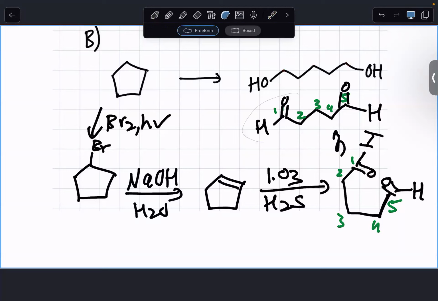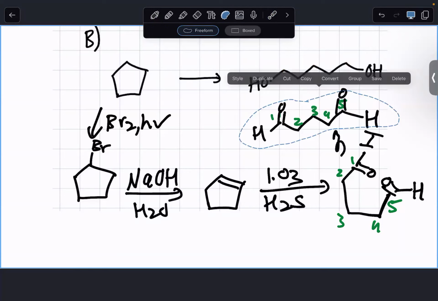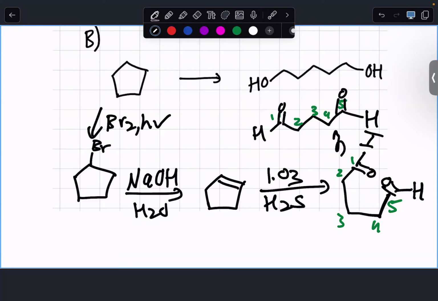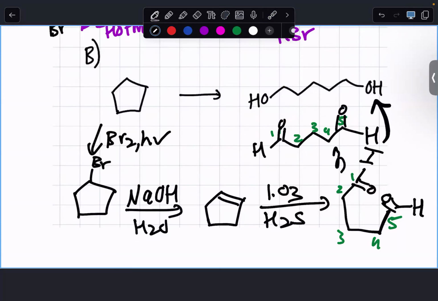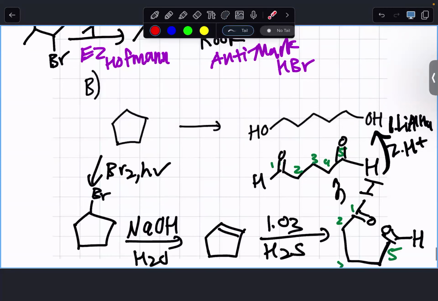Okay. In 118A, how do we convert an aldehyde to an alcohol? Yeah, a reducing agent, like lithium aluminum hydride, LiAlH4. Second step, acid workup. Going from primary alcohol to aldehyde is PCC.